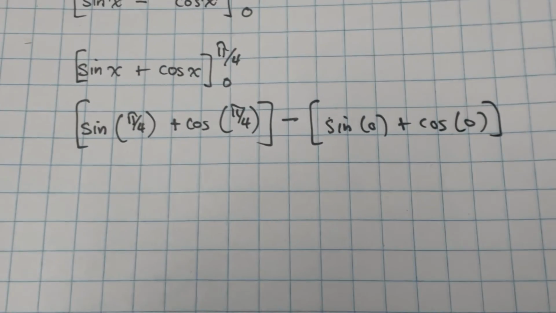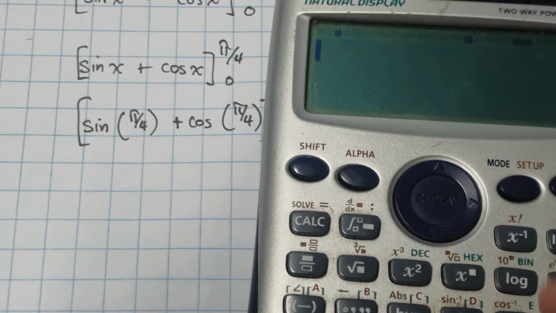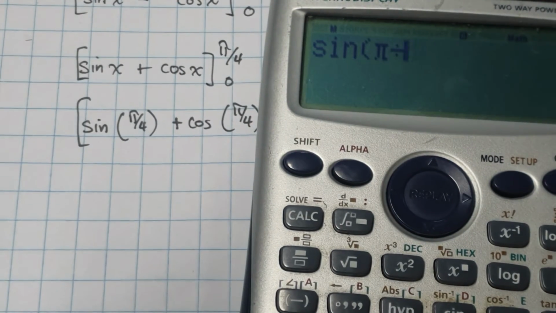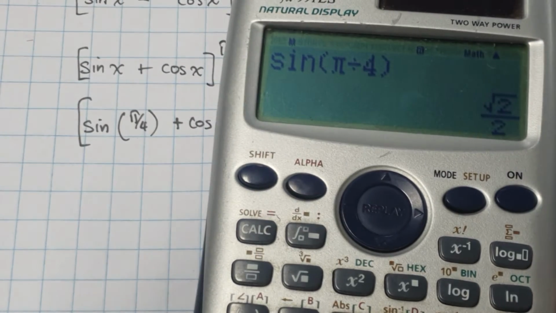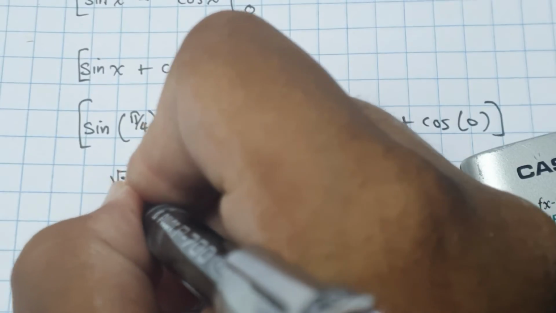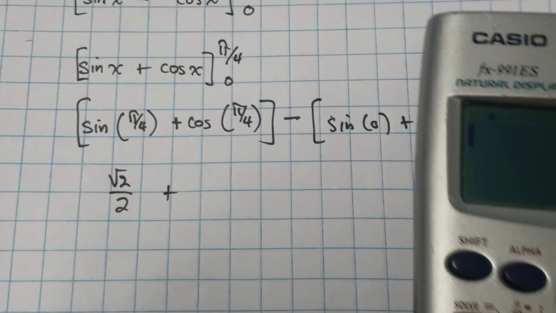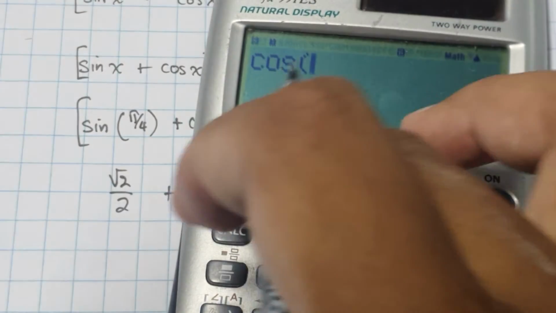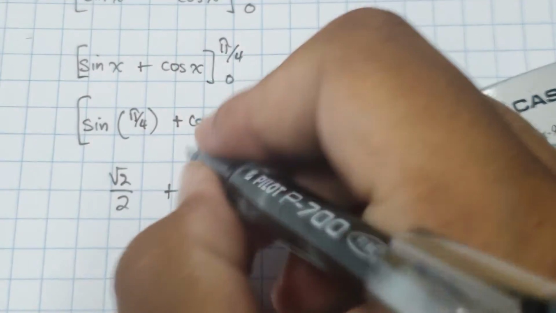Okay, calculator. I have a good calculator here, so I can just write down sin of pi over 4, which is root 2 over 2. You can just put in your decimals. And cos of pi over 4 is also root 2 over 2.